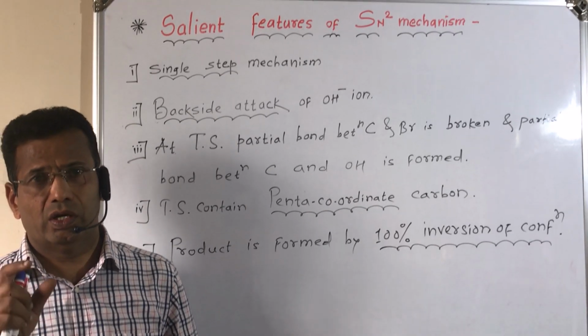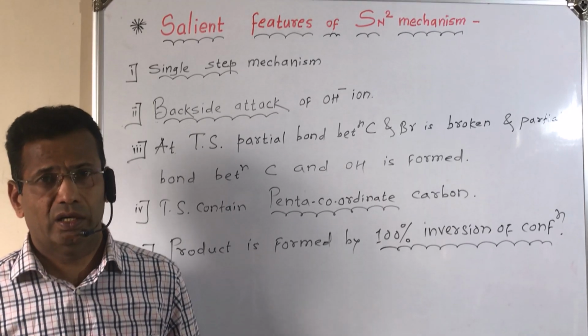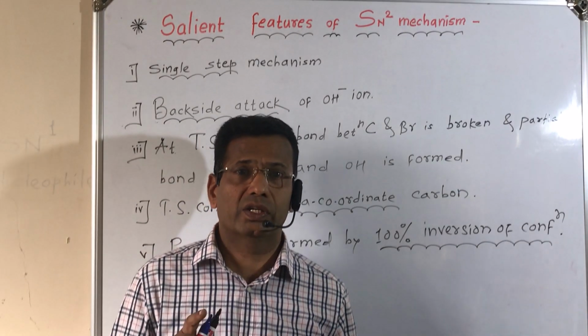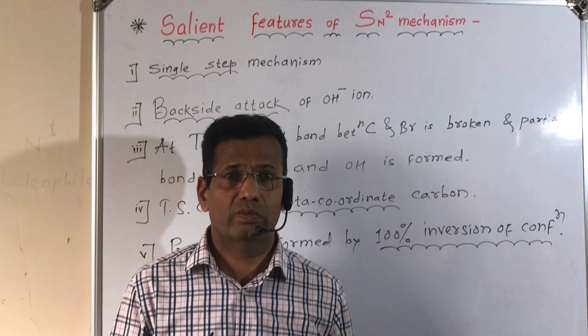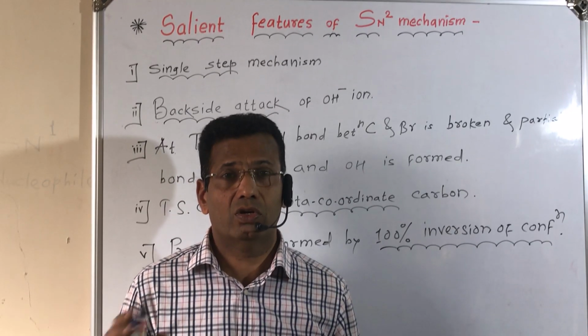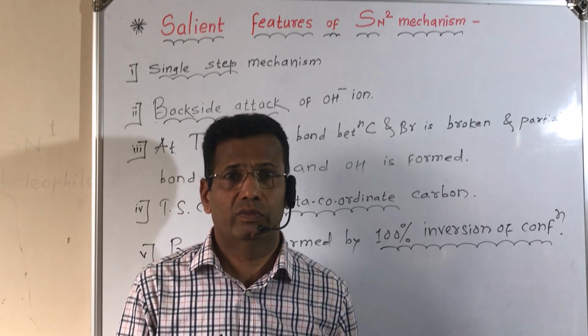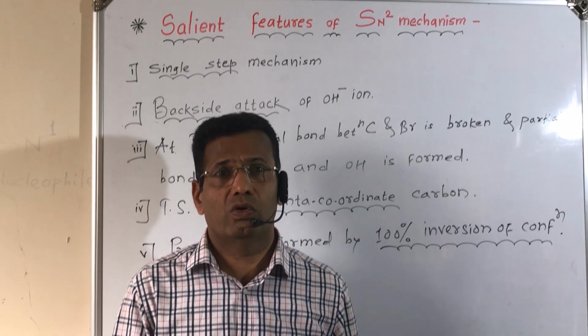I think you have clearly understood the question and options in detail. Tell me, what is the correct answer? Why is the product obtained in the SN2 reaction formed by 100% inversion of configuration, that is, by Walden inversion? The correct answer is because of the backside attack of the OH minus ion on the carbon atom, to avoid the electrostatic repulsion between both the nucleophiles.